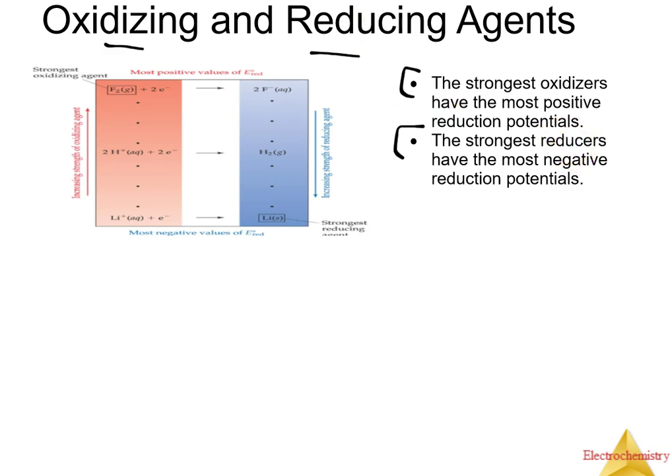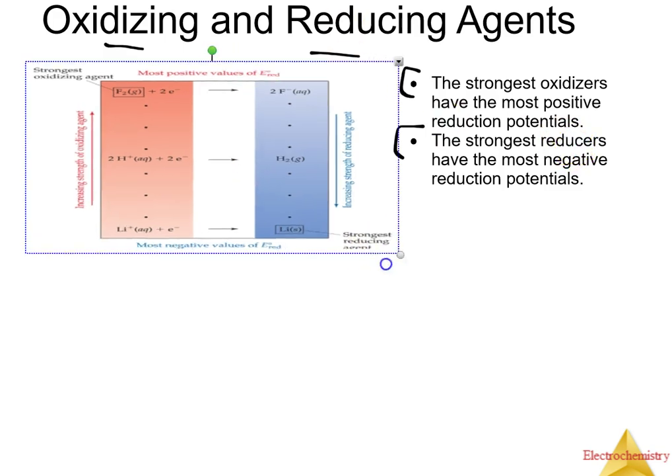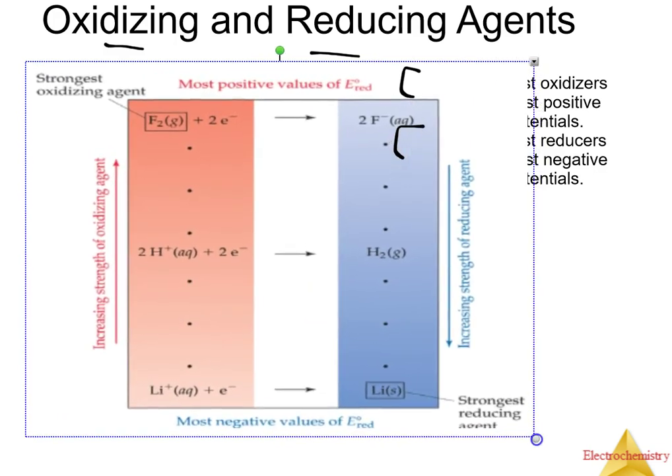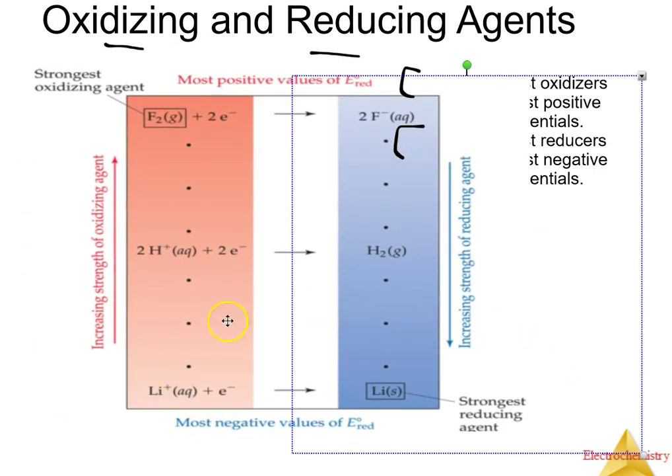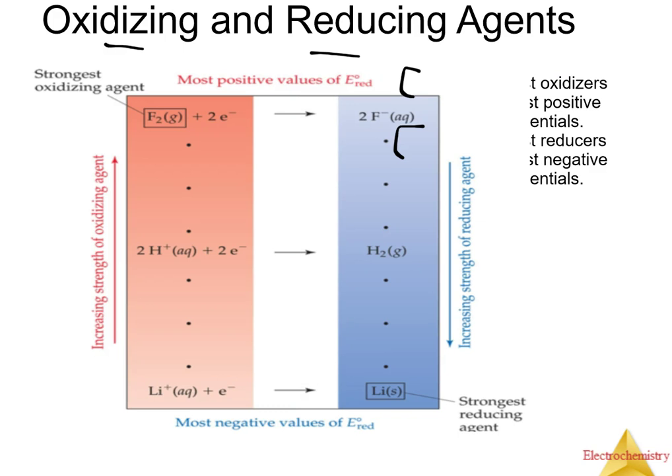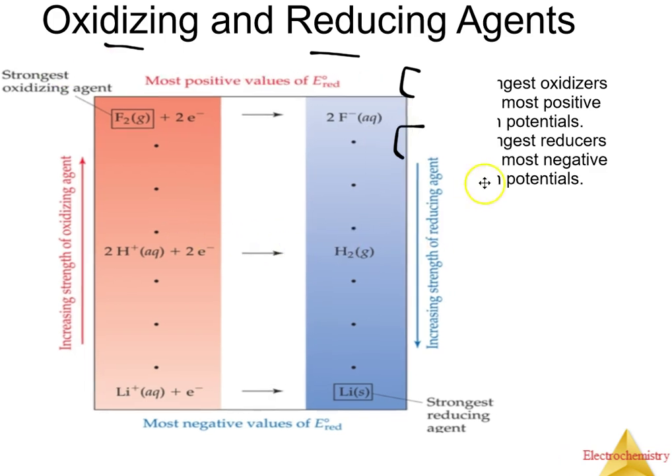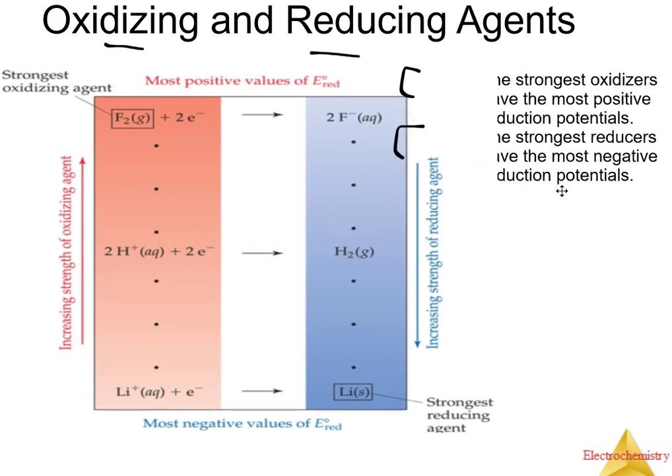All right, so if we look at this, lithium's down here. We knew lithium was at the bottom of our list already anyway. It's the strongest reducing agent, meaning it helps oxidation to happen.